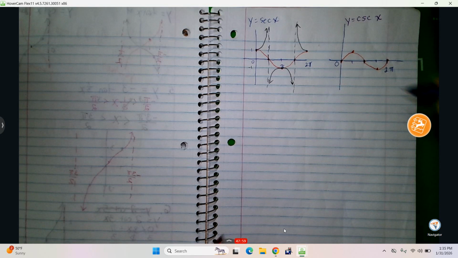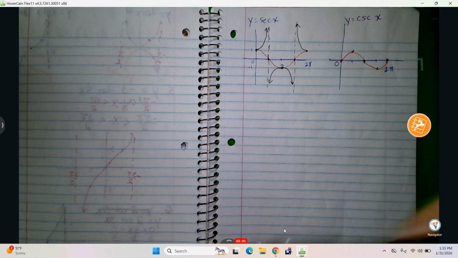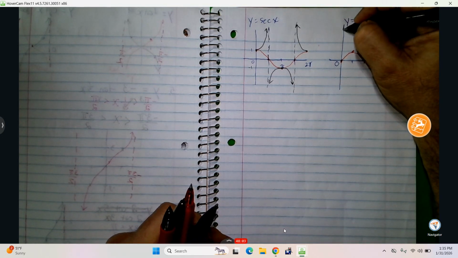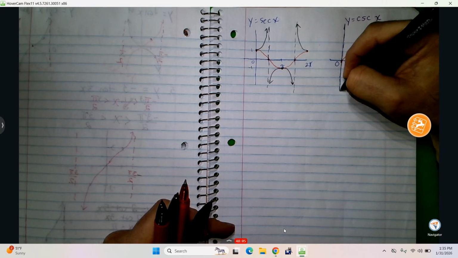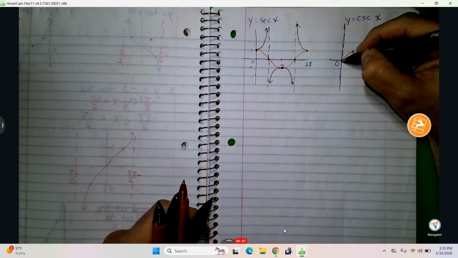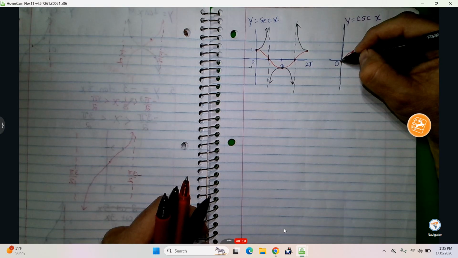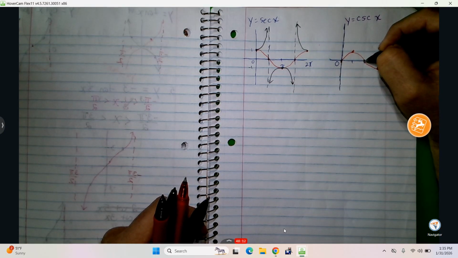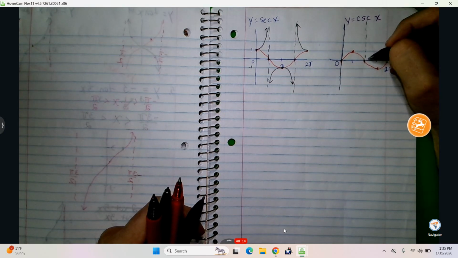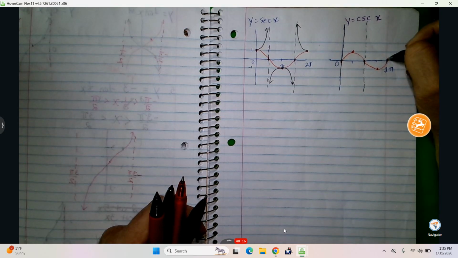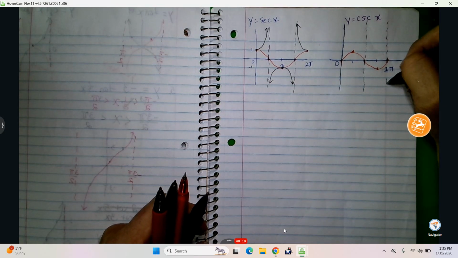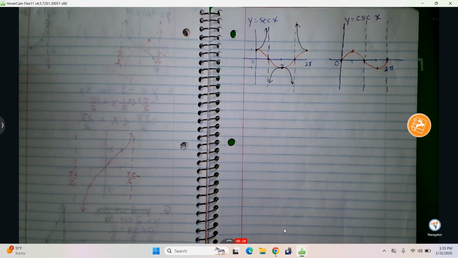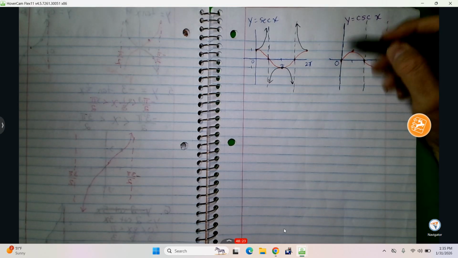Draw the asymptotes. The asymptotes are where the graph crosses the x-axis. The reason you have asymptotes there is you're saying the reciprocal of 0 is undefined. Like right here, this is a y value of 0. Reciprocal of 0 is undefined. Notice I'm taking the reciprocals of the y values.